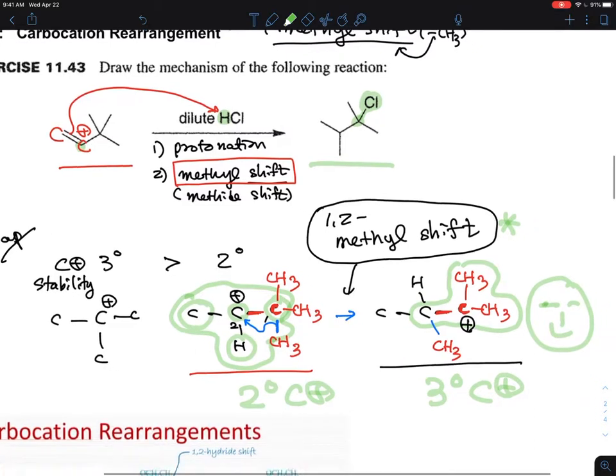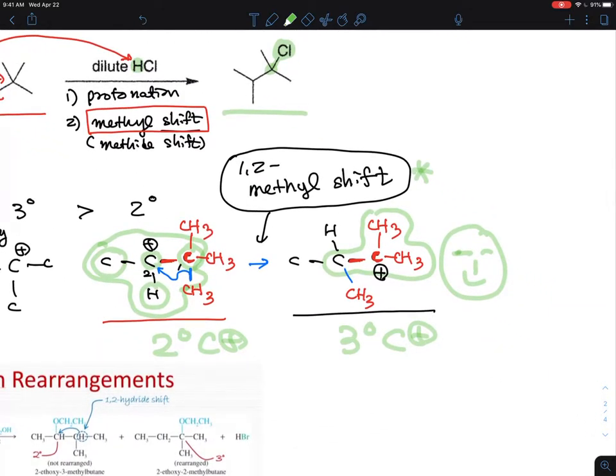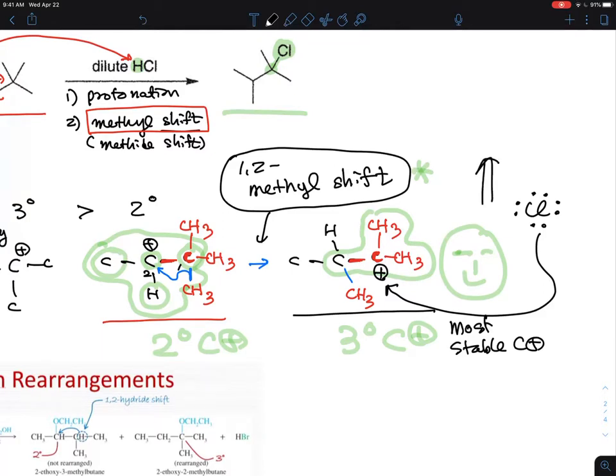And once you develop this tertiary carbon at the other location, then they will say, okay, the chlorine is waiting for the carbocation to rearrange and find its most stable form. And then it can go and form the bond, right? So once it forms the bond, you focus on the location of the bond, and so then you will see that, okay, carbon, carbon, carbon, methyl, methyl, with a chlorine on the other side, right?